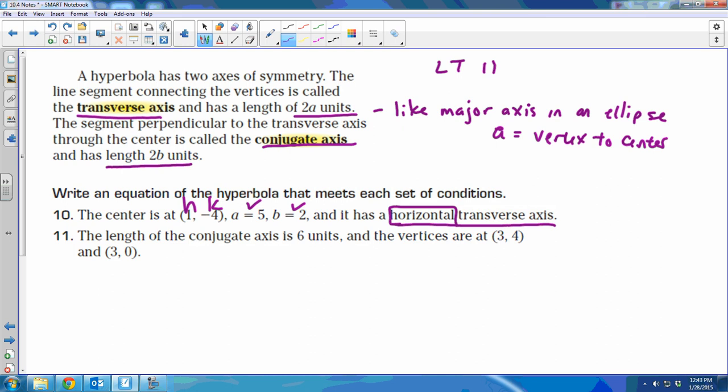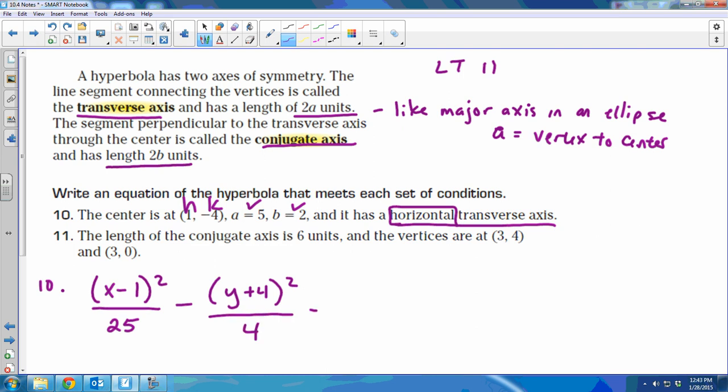Okay, so if we're going to write the equation for number 10, we have x minus 1 squared over 5 squared, which is 25, minus y plus 4 squared over b squared, which is 4, and that equals 1.